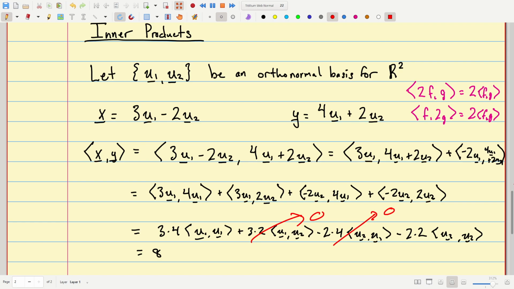U1 and U2 are orthogonal to one another. Right? Okay. Now, we have saved ourselves a whole lot of work if we had just done that.